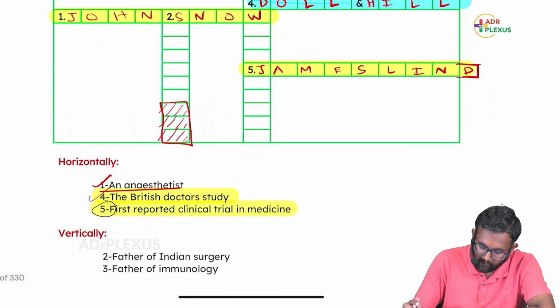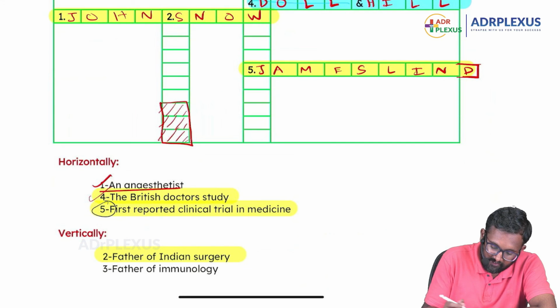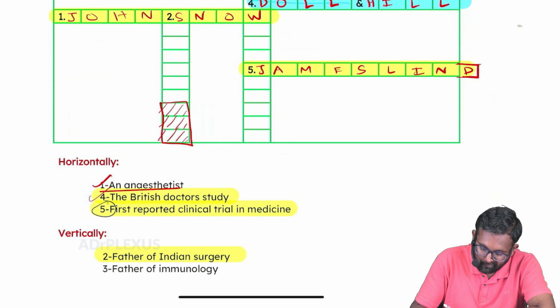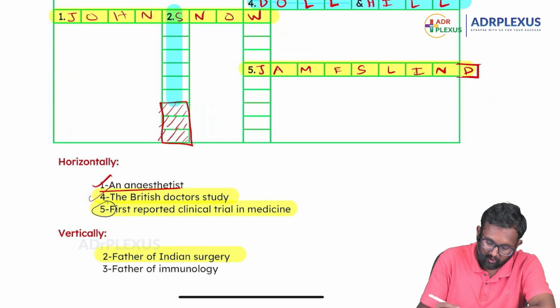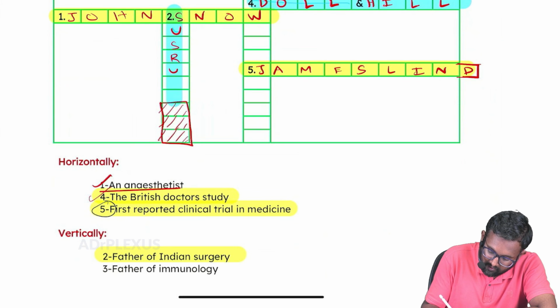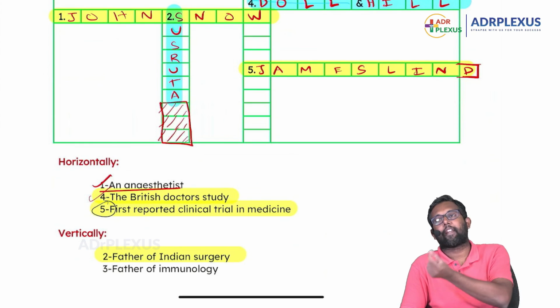Next, vertically, the second one is the father of Indian surgery. It's easy. The father of Indian surgery. Yes, Sushruta. Some people may put THA or TA.